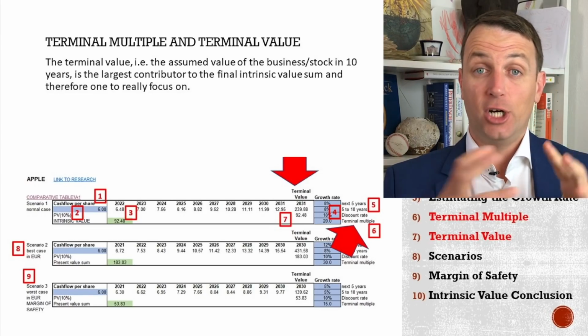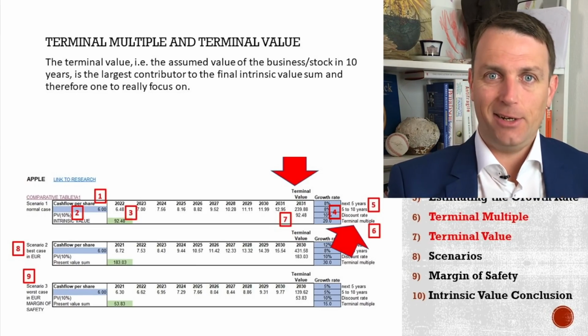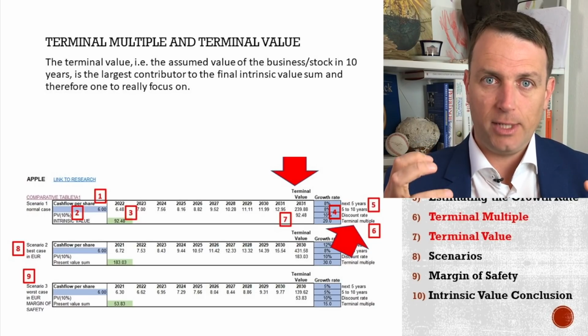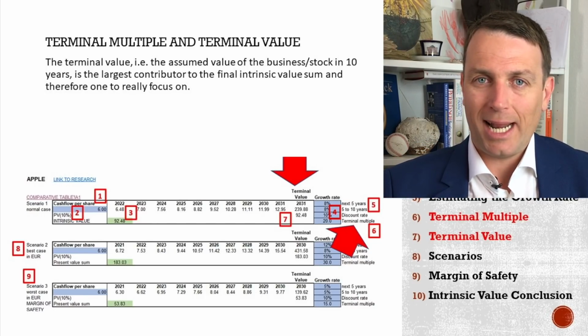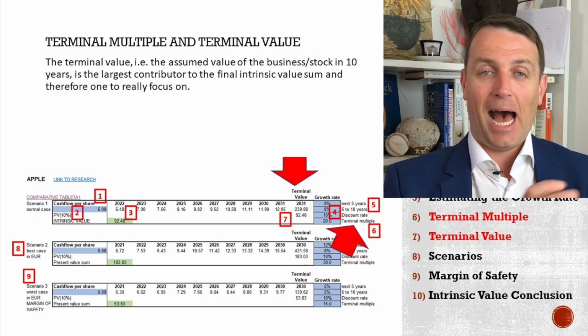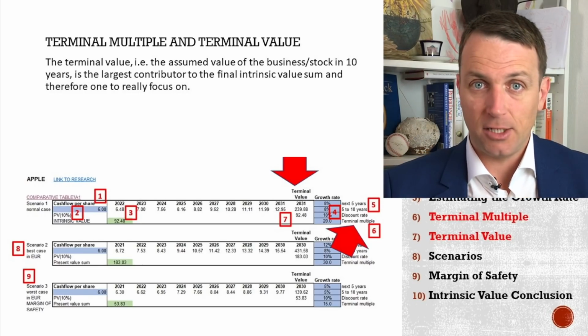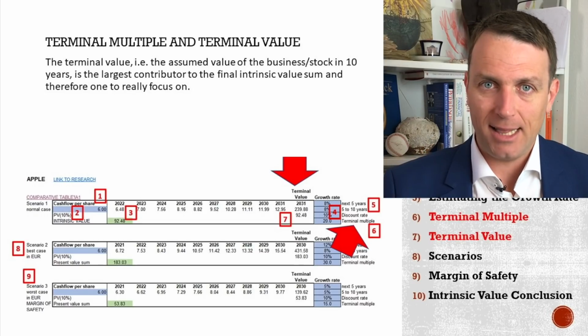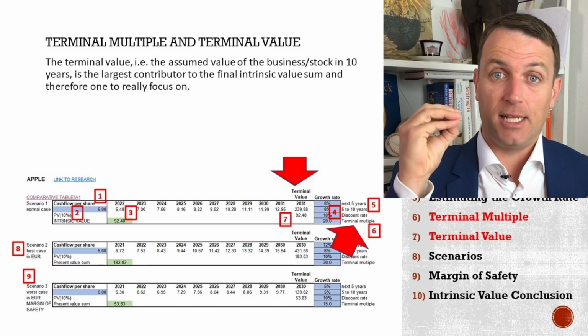We look at the earnings of a year prior to the terminal value year. So in 2031, I don't have 2031 earnings, I have 2030 earnings. I multiply that with the price earnings ratio, the terminal multiple, which gives me the terminal value.